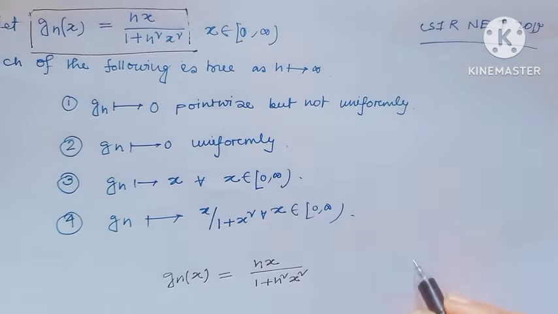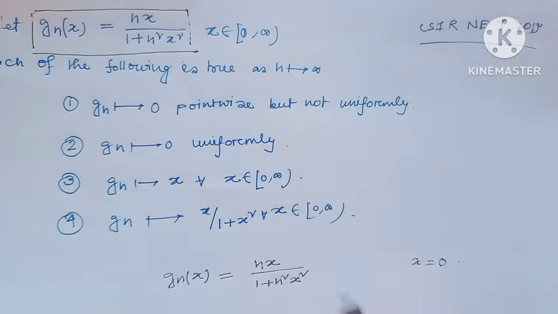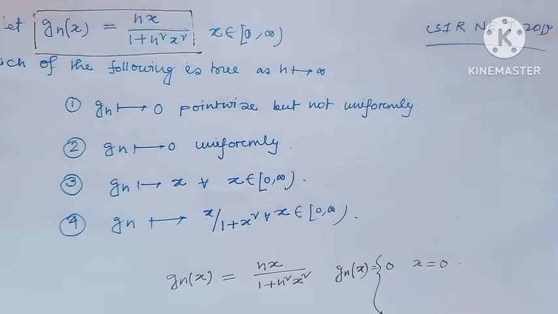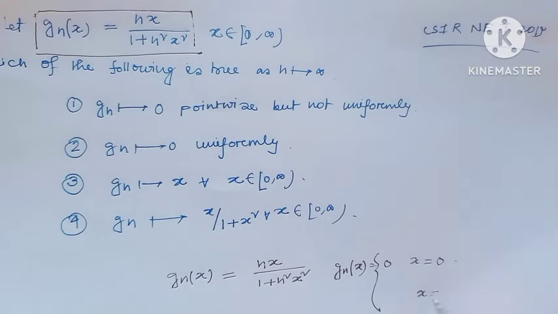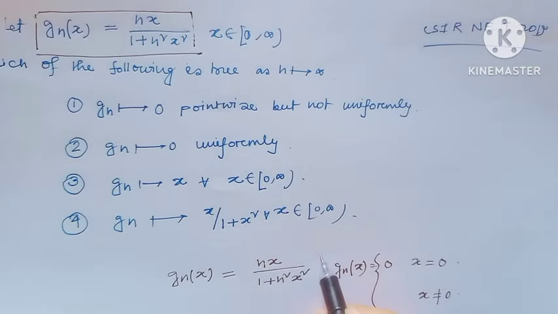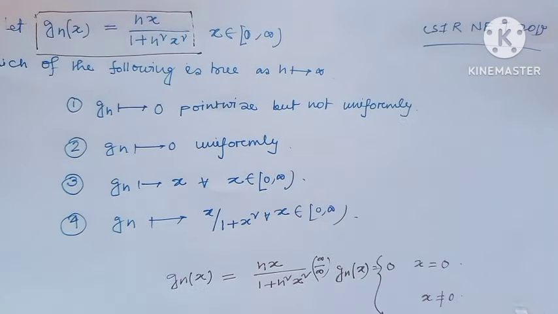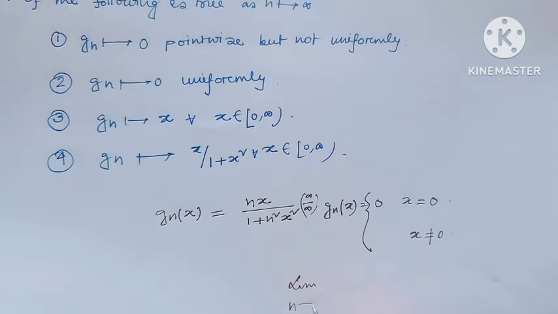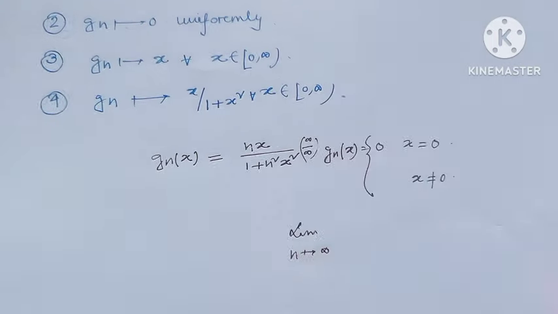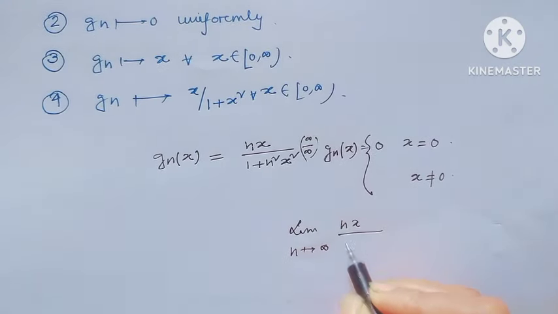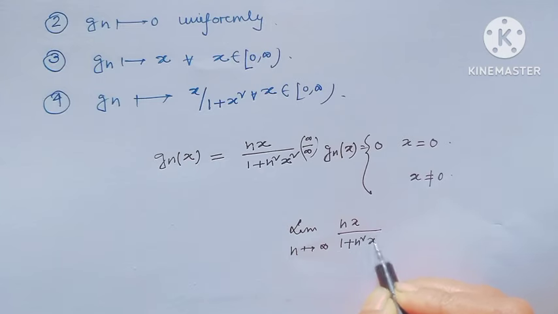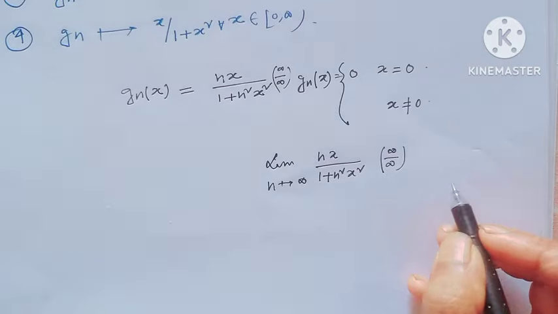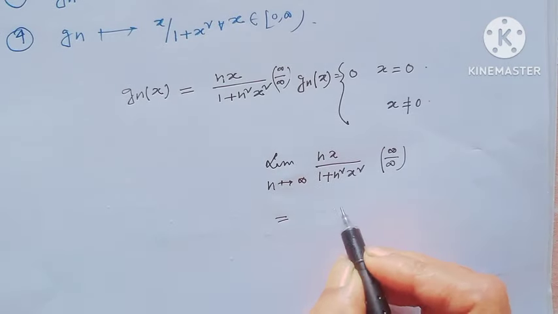Notice when x equals 0, then gn(x) equals 0, and when x is not equal to 0, this is of the form infinity by infinity. So the limit as n goes to infinity of nx over 1 plus n squared x squared, since this is infinity by infinity, we can apply L'Hospital's rule.